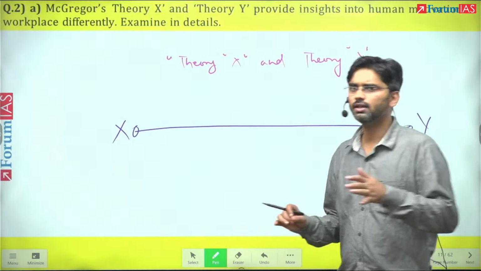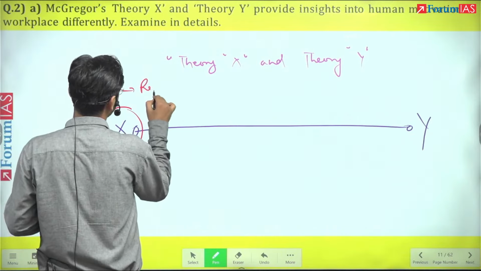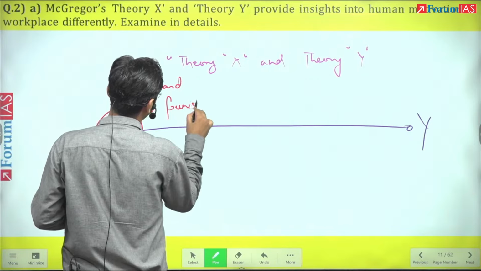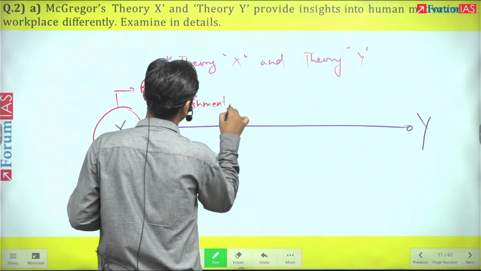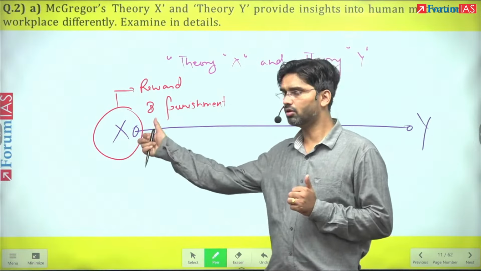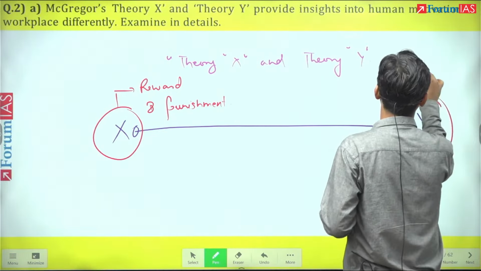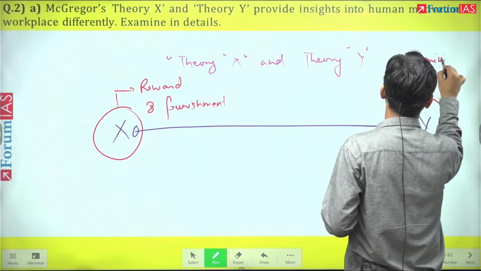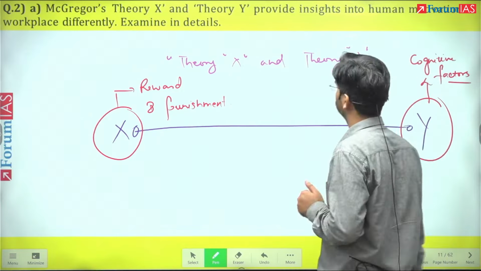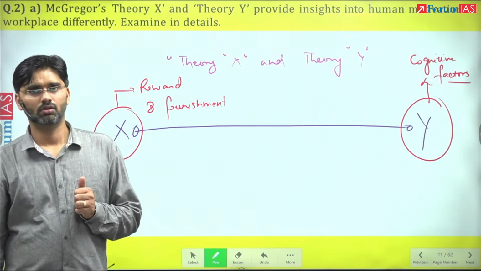Okay? Here, reward and punishment motivates. Right? Non-cognitive factors motivate, whereas in Y, it is actually the cognitive factor which motivates. Okay?